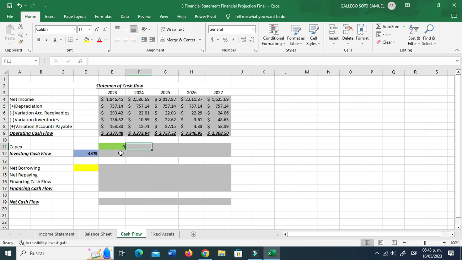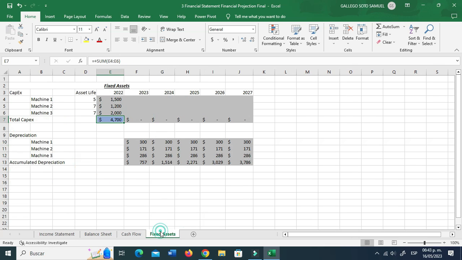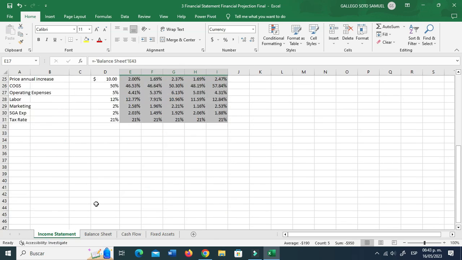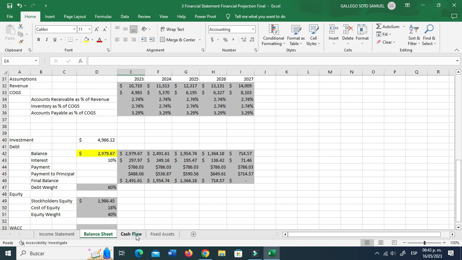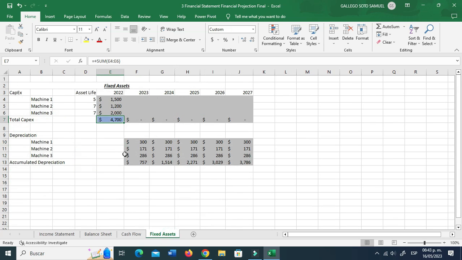Then from here, I'm going to have to drag this to the very end. But let me just change the format. The green one was there, I just don't know what happened.